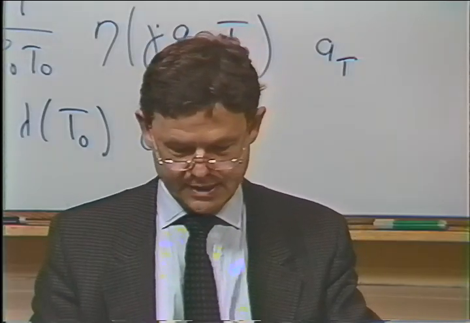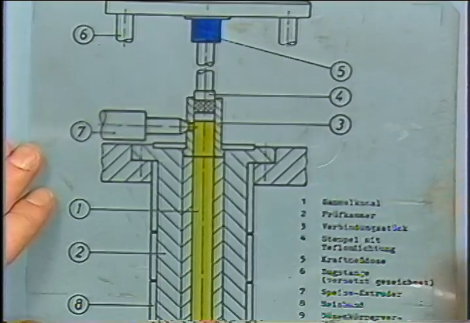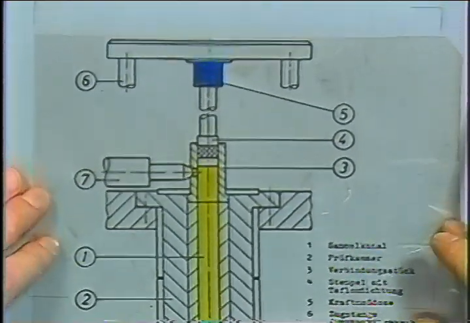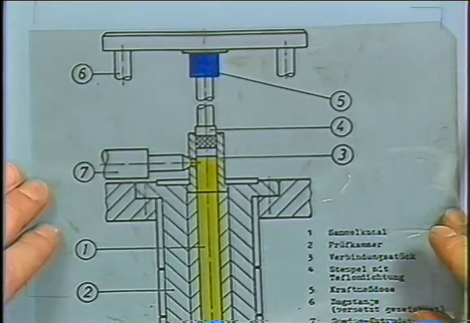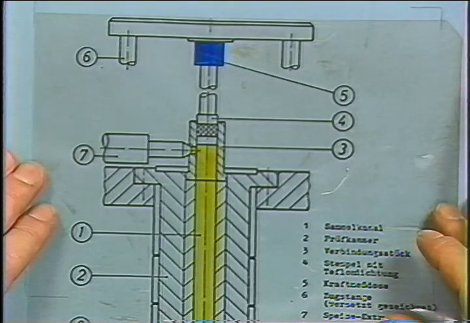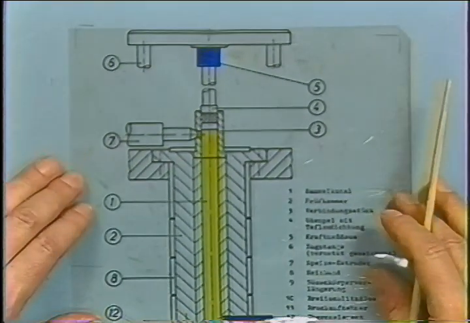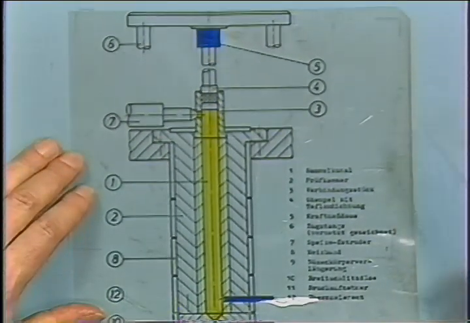And I brought an old drawing. It even has some old German writing on it. It's an instrument we had in the lab. Becky, if you change the scale a little bit, maybe we get an overview here. Yeah. The sample is in yellow here.